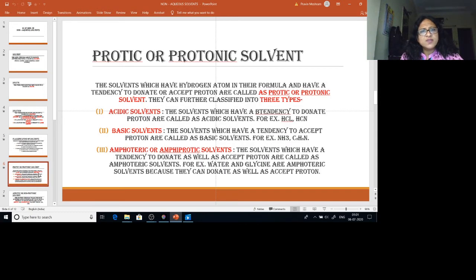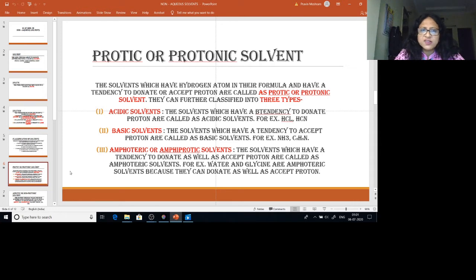Let us see what is a protic or protonic solvent. The solvents which have a hydrogen atom in their formula and have a tendency to donate or accept protons are called protic or protonic solvents. They can be further classified into three types: acidic solvents, basic solvents, and amphoteric solvents.